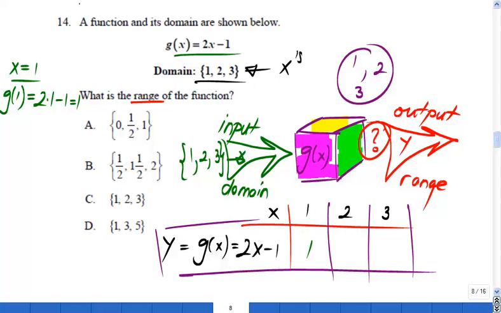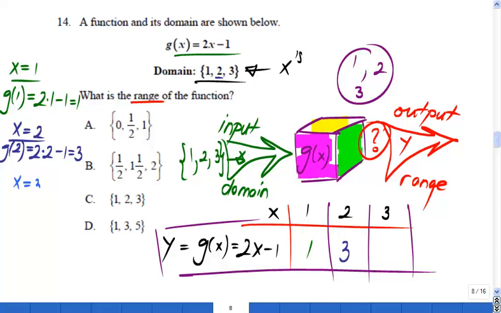Okay? Moving on. X equals what? What is the next value for your x? 2. You have to find what is g of 2. G of 2 is what? 2x minus 1. Well, x is 2, so this will be 2 times 2 minus 1. Well, 2 times 2 is 4 minus 1, 3. That's your next one, 3.